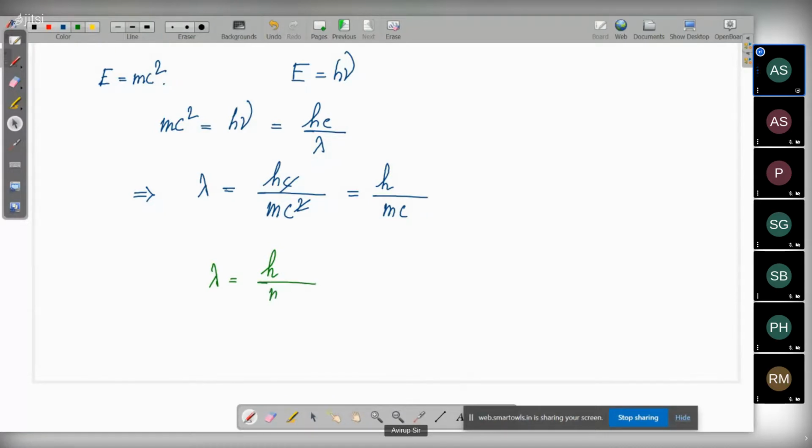Why mv? Because all objects are not moving with the speed of light, so they can move with any velocity. So that means we can say lambda is equal to Planck's constant by momentum.